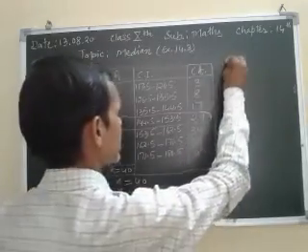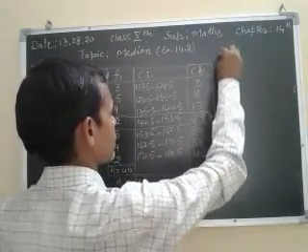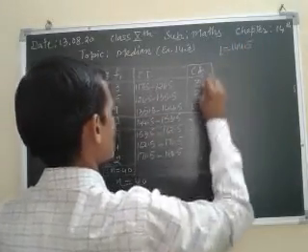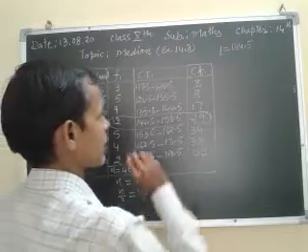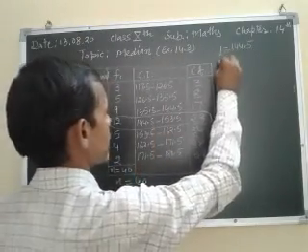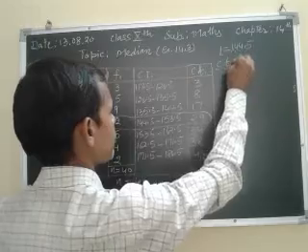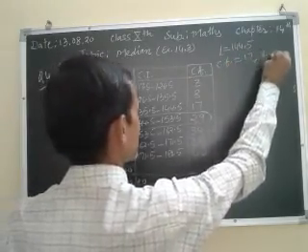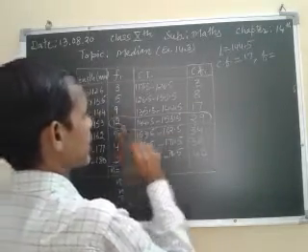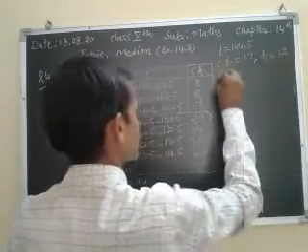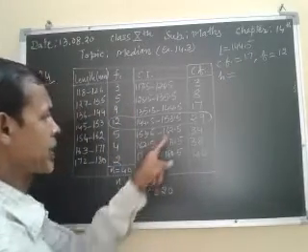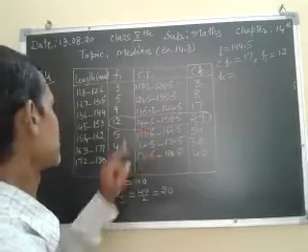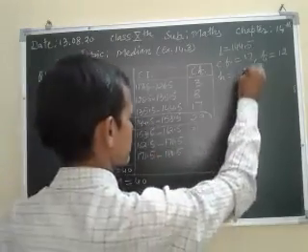Now for the median, first we find L. The lower limit of the median class is 144.5. N by 2 is 20. CF, the cumulative frequency up to the median class, is 17. The frequency f of the median class is 12, and h, the class size, is 153.5 minus 144.5, which is 9.